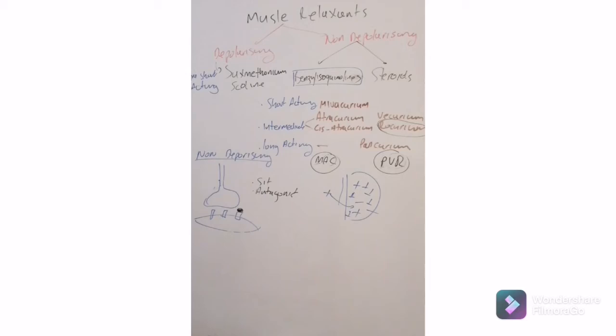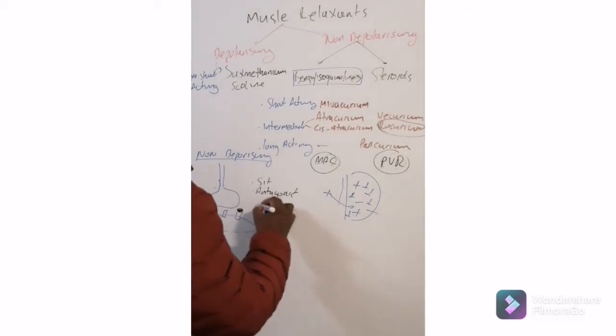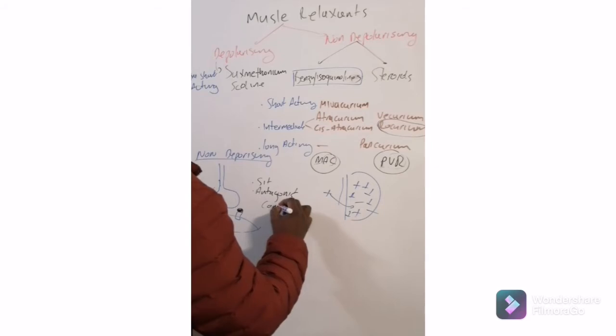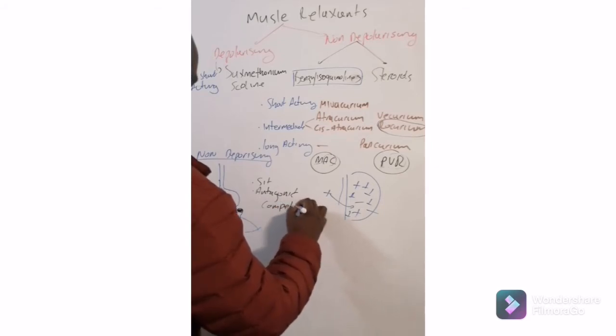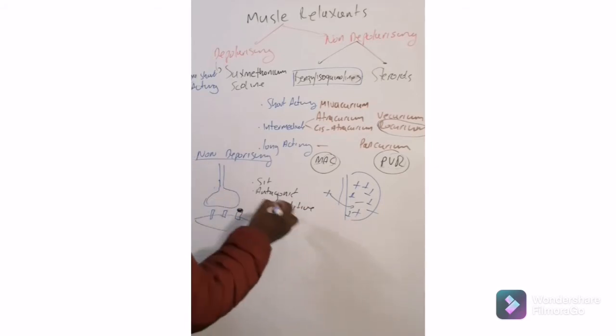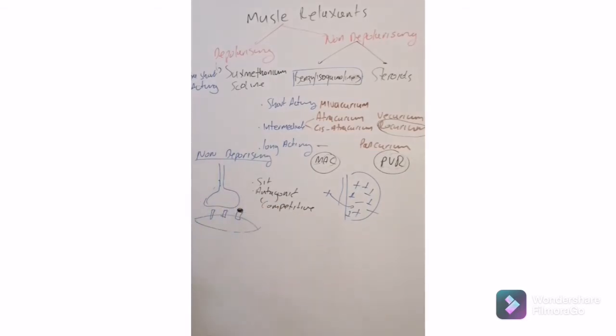Remember, an agonist stimulates the receptor, but an antagonist does not. So they are called competitive antagonists, because they are competing with acetylcholine.